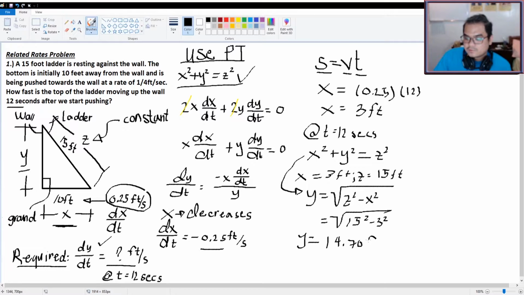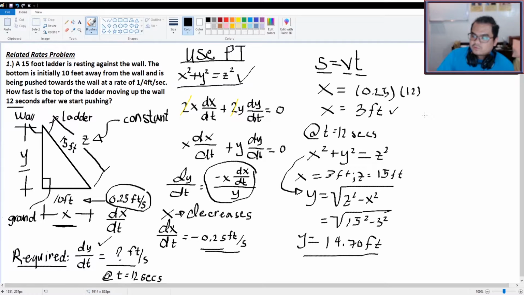14.7 feet. And then all you have to do is use this formula to find dy over dt. Use y equal to 14.7, dx over dt is negative 0.25, and x is equal to 3 feet.